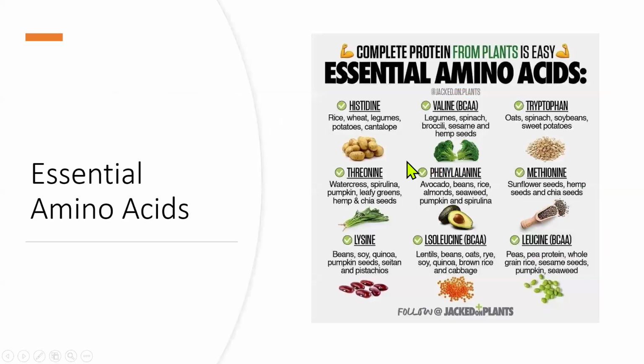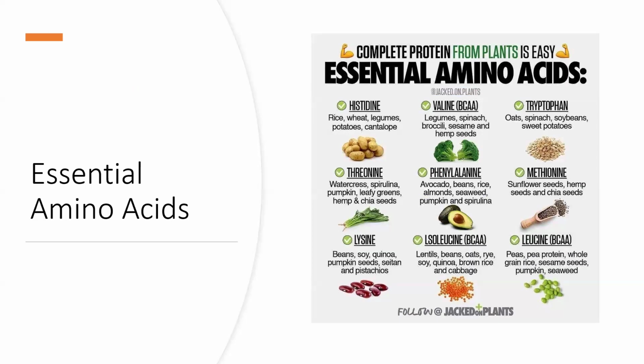So here are the 9 essential amino acids. We have things like histidine, methionine, phenylalanine. If you're not a picky eater, you should be covered. Most of the food that we consume has a reasonable amount of amino acids in them.